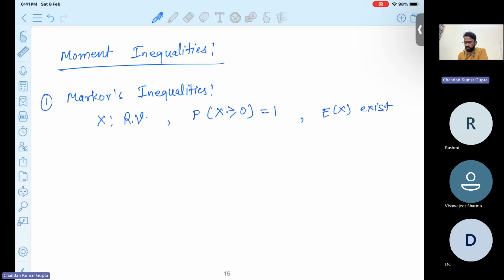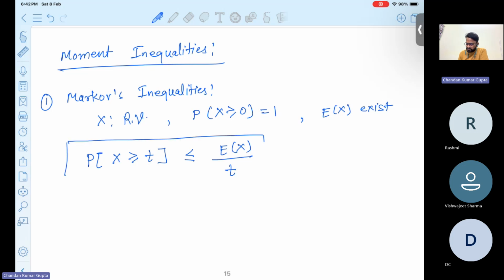If these conditions hold, then Markov gave an inequality: the probability that the random variable x will take a value greater than or equal to t is less than or equal to the expected value of x divided by t. So this gives a bound, an upper bound.